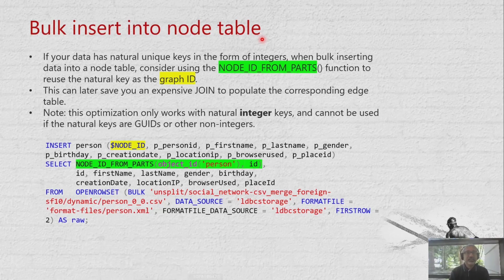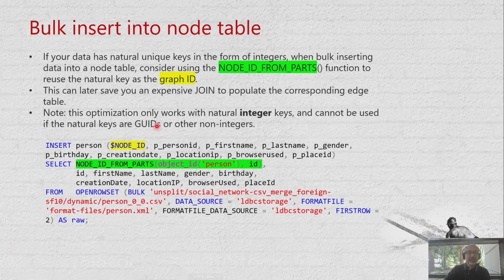But one of the key things here is to consider using node ID from parts if you can, to leverage natural keys if they were available, and if they were integers you can use node ID from parts and transform that natural key into the representation that is needed to insert into the $node_ID column.